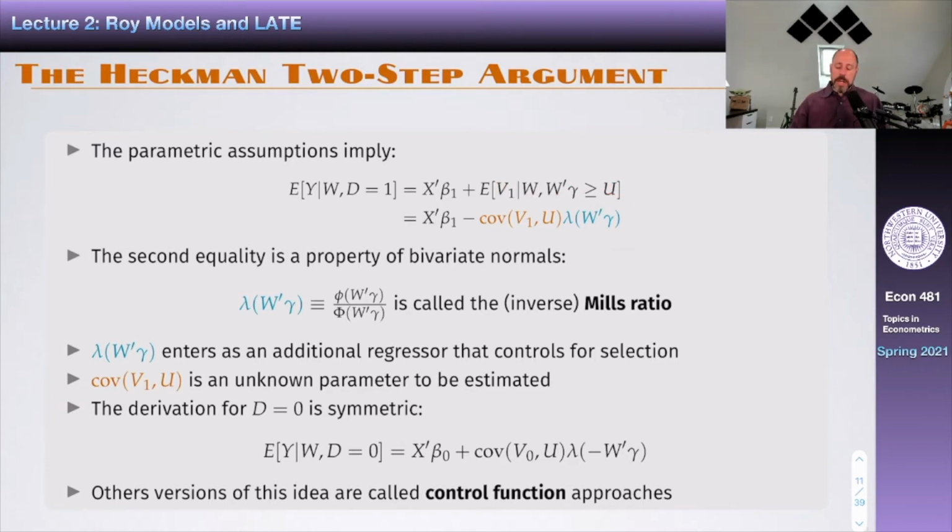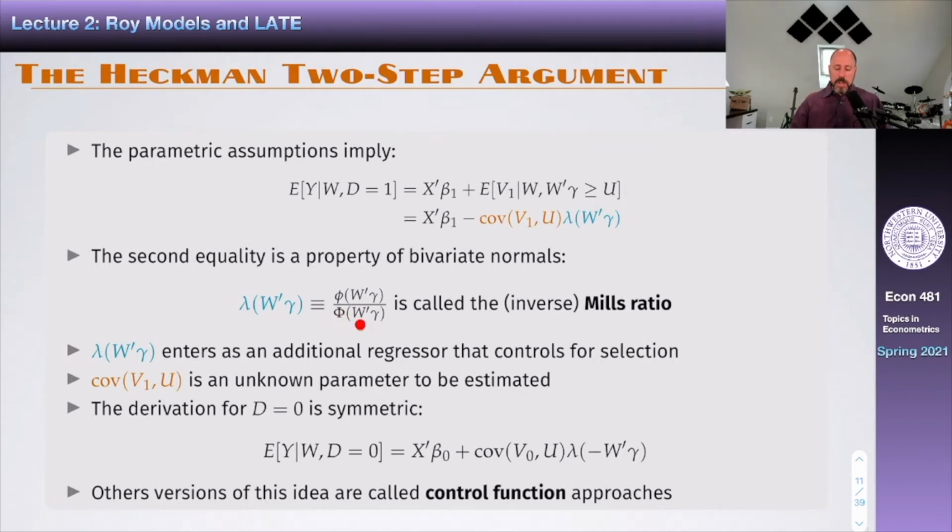If you work out this expectation, given that everything is bivariate normal, you can show that this is the covariance of b1 and u times lambda of the index. Lambda of the index is called the Mills ratio, which is the PDF of the standard normal at w prime gamma divided by the CDF of the standard normal at w prime gamma.